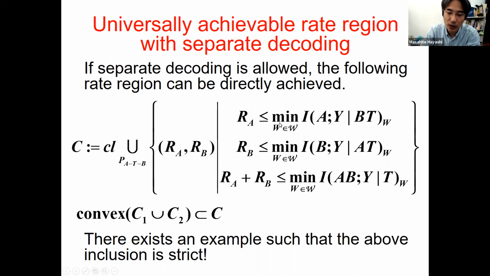Here we minimize this conditional mutual information. We have this capacity region, but this capacity region is strictly larger than the previous achievable region. So there exists an example such that this inclusion is strict.